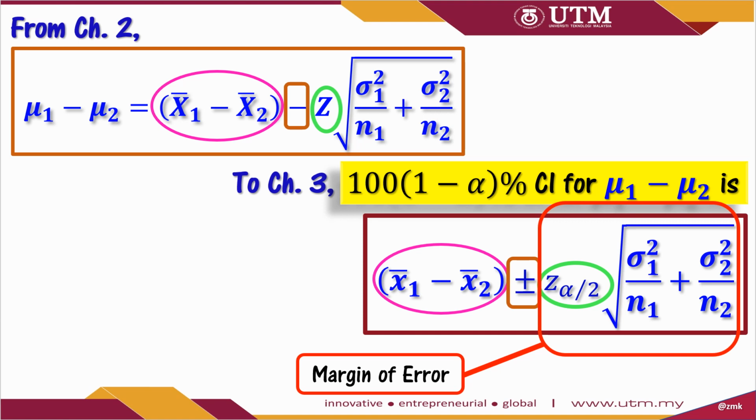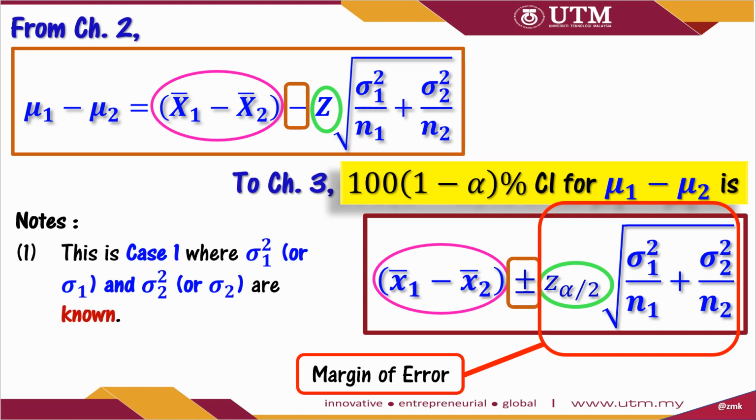It is worth noting that what we have here in this slide is case 1, where both population variances sigma 1 squared and sigma 2 squared, or the population standard deviations sigma 1 and sigma 2, are known, regardless of what the sample sizes n1 and n2 are, whether they are large or small.